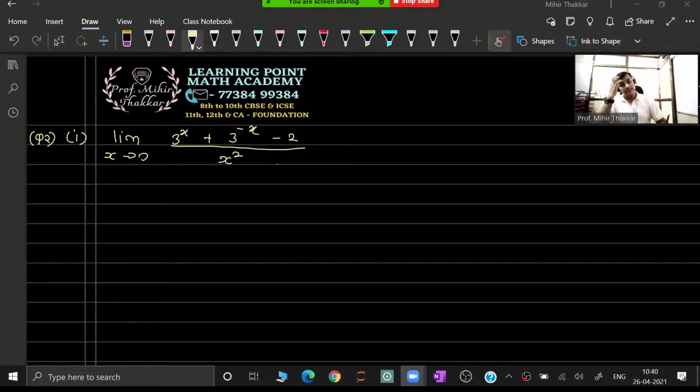So now the next sum right there in front of you guys, you have 3 raised to x plus 3 raised to negative x minus 2, and then divided by x square.